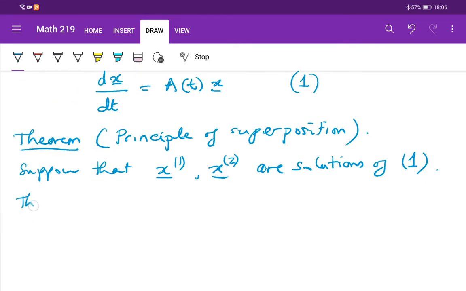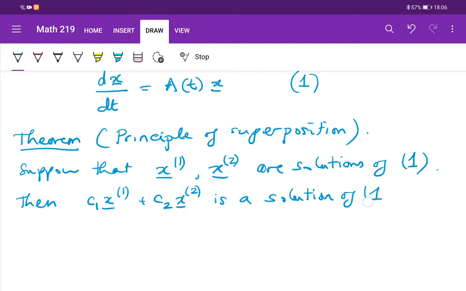Then the function c1 x1 plus c2 x2, this linear combination, is a solution of 1 for all c1 and c2.